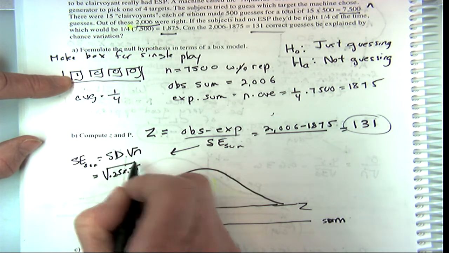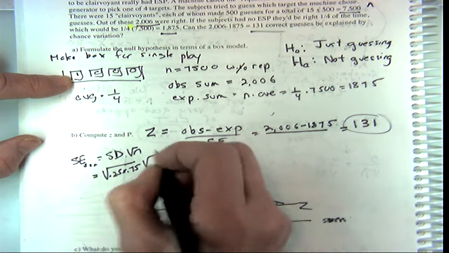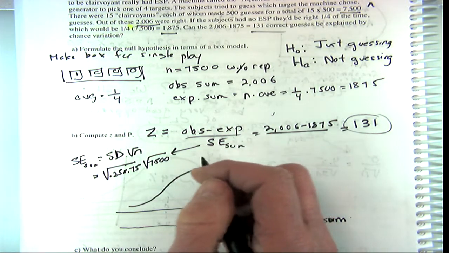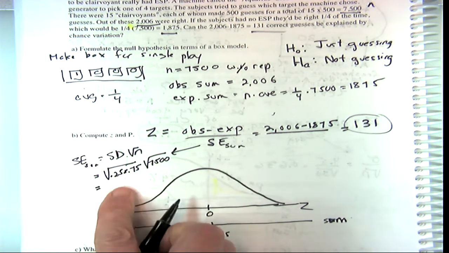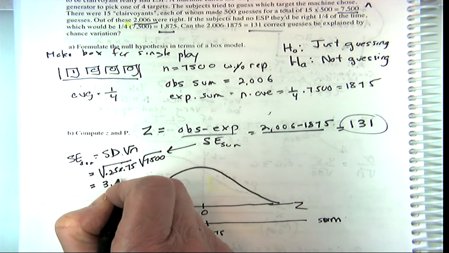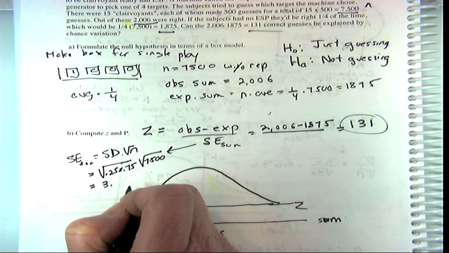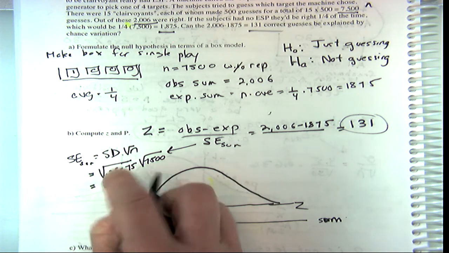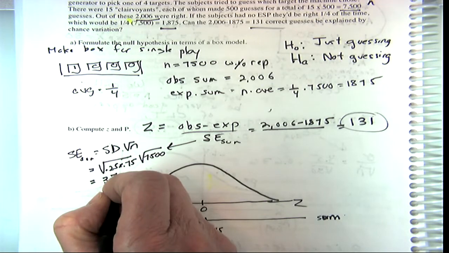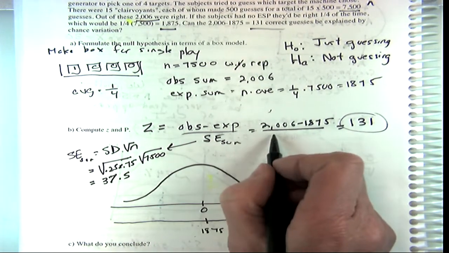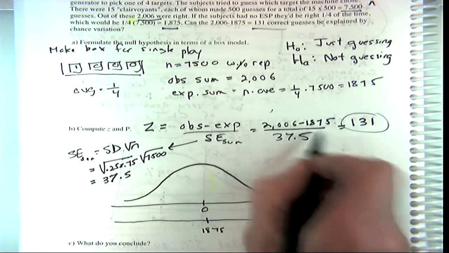And then n is 7,500. If we do that, I got 37.5. So that's what we put in here, 37.5.